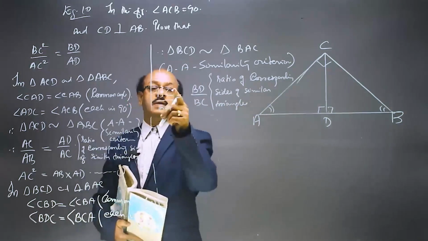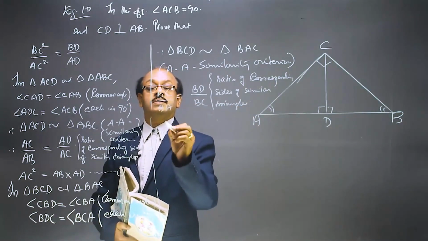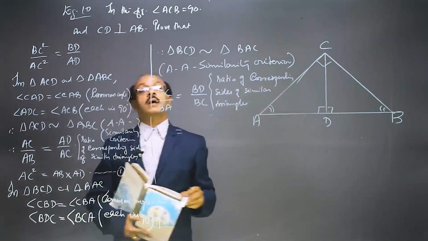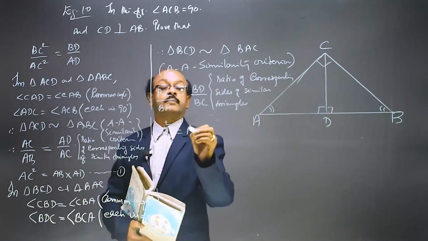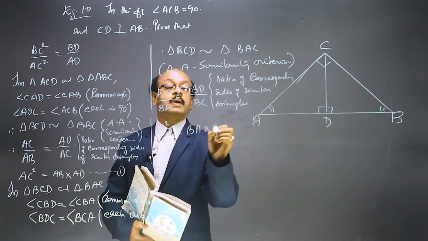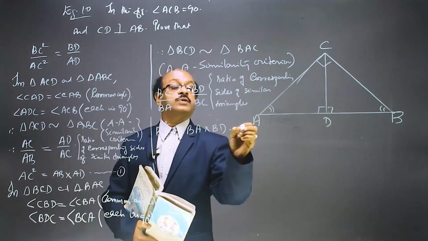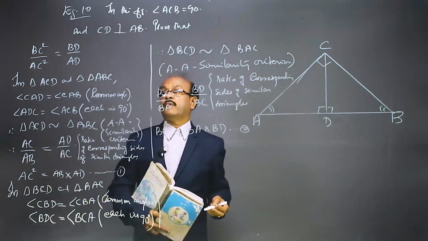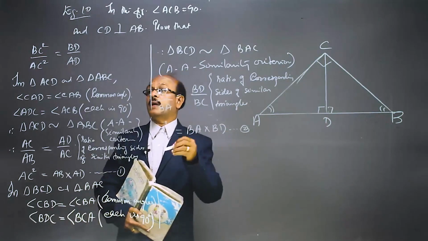Now we can cross multiply this result. BC into BC, which is BC square, is equal to BA into BD. We are naming it as equation number 2. In the question, we are asked to prove BC square by AC square.